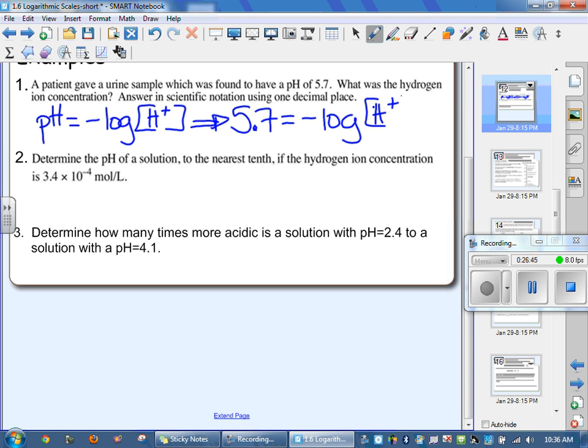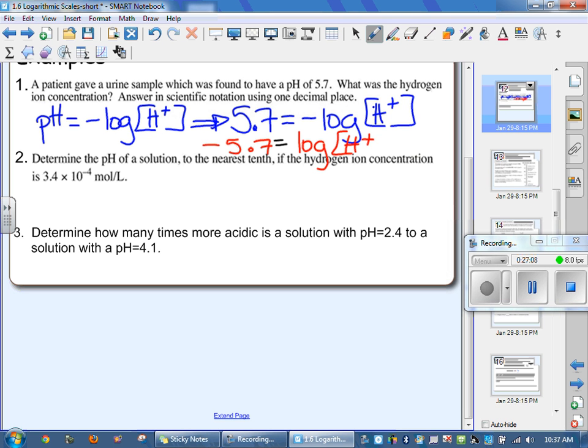So your pH becomes negative on the left. You get negative 5.7 equals the positive log of the hydrogen ions. Now, how do we get rid of the word log?